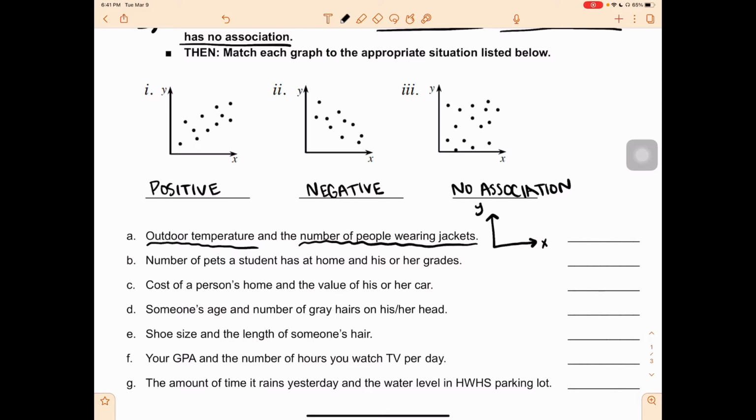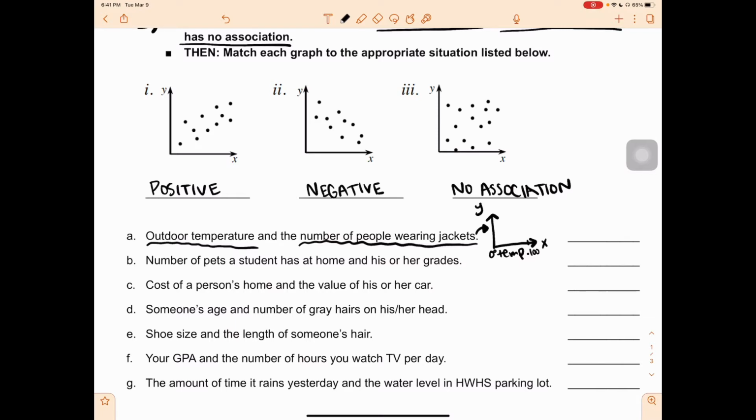We're trying to see if the number of people wearing jackets, so that would be here, is dependent upon the temperature outside. Let's say this is 0 degrees all the way to 100 degrees. So as our temperature gets hotter, what happens to the number of people wearing jackets?